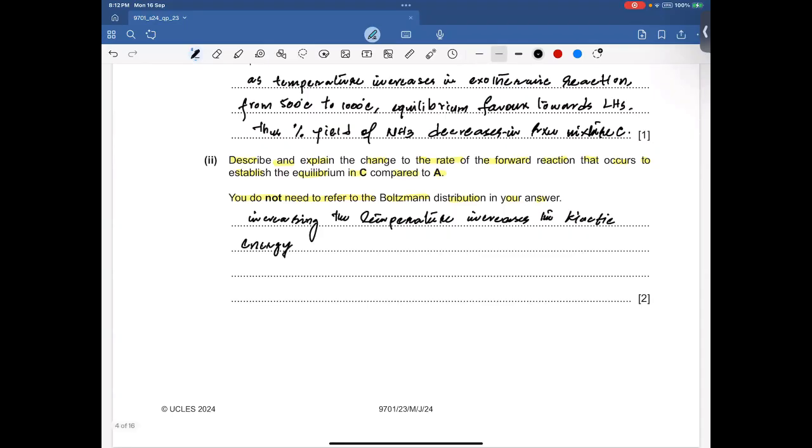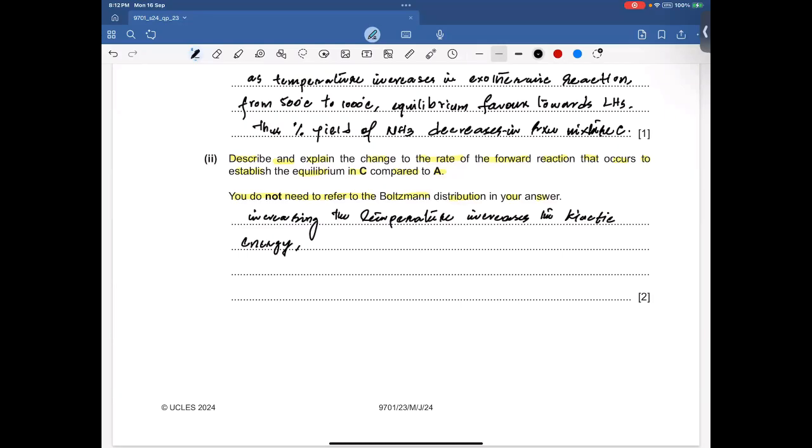So if kinetic energy increases, then particles have more collisions with particles that have energy greater than activation energy.